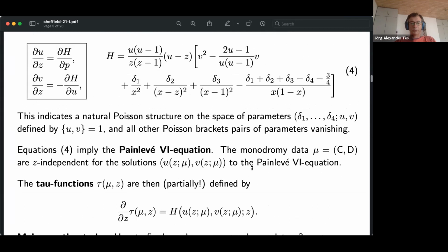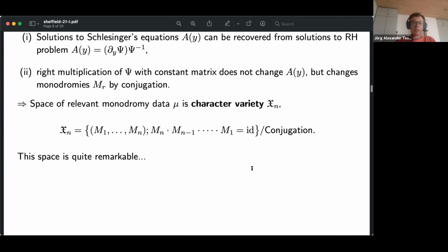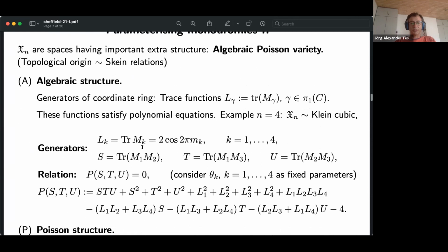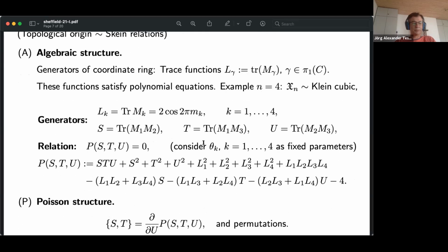I'm not completely careful here about how these different notations relate, but it's the same data. And so these we consider as fixed data once and for all. So these are just fixed numbers, and we consider everything fibered over some choice of these numbers.